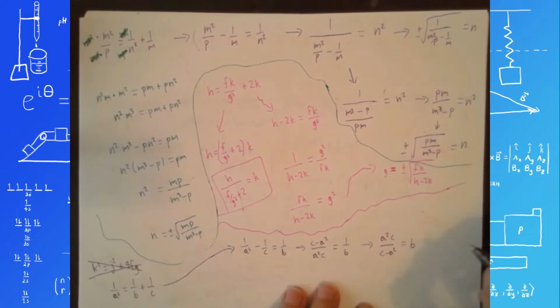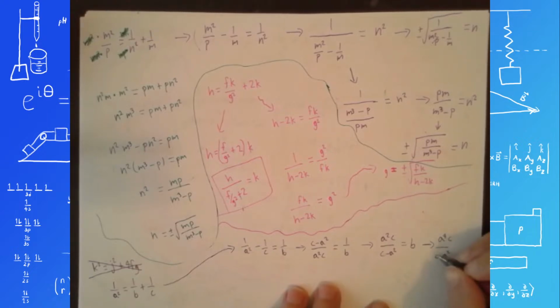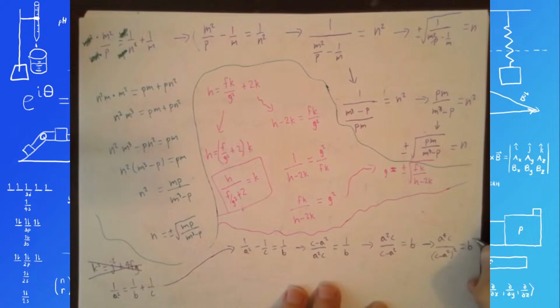equals b. And if we're solving for b squared, all we have to do now is square both sides, and we get a to the fourth times c over c minus a squared quantity squared equals b squared.